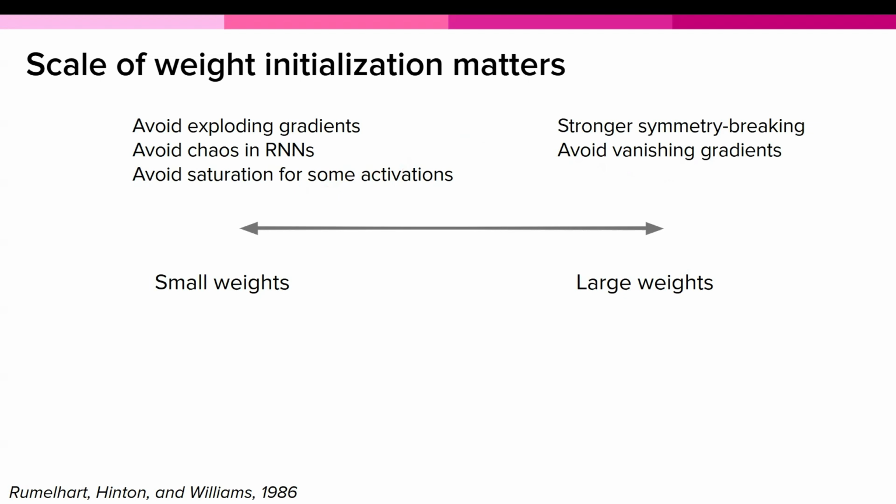And so the result might be that each unit behaves similarly, even though we've taken care to break the symmetry. This suggests there are reasons to favor both small and large weights, and that there could be an optimal point to trade off between the two, choosing weights that are large enough to propagate information effectively without causing instability.